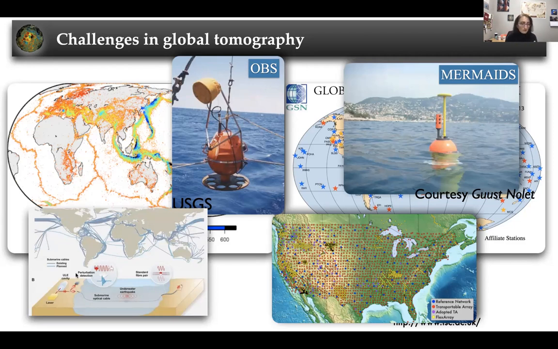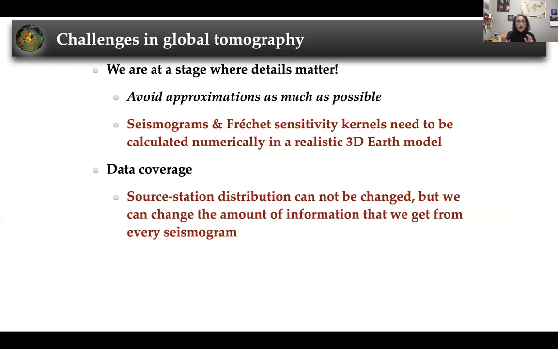So if we can make use of them, they can also potentially provide us data to sample the oceans better. However, at this stage, we cannot change this distribution dramatically, maybe in the near future, but we can use as much data as possible from a single seismic trace to further improve the resolution.